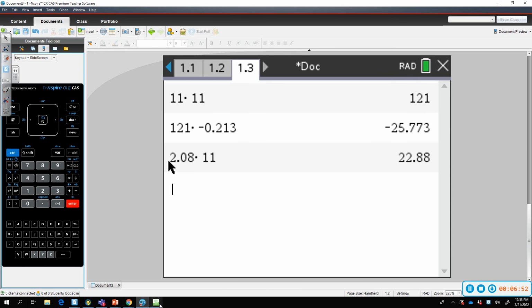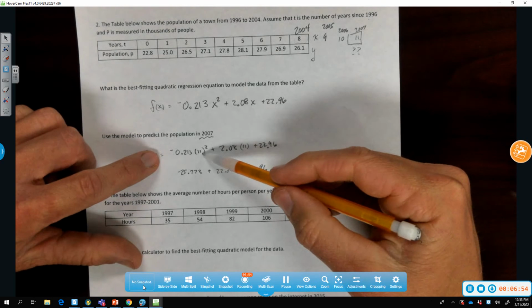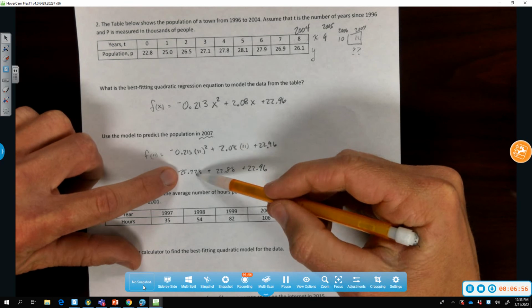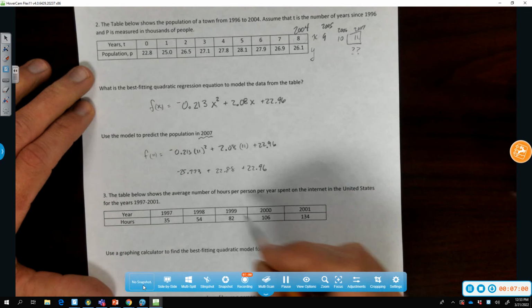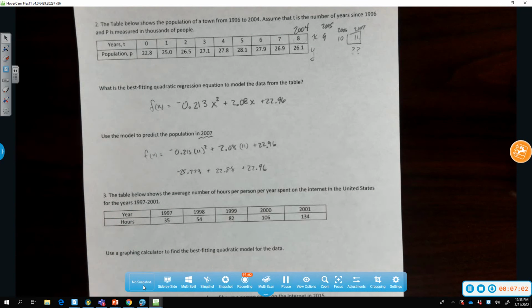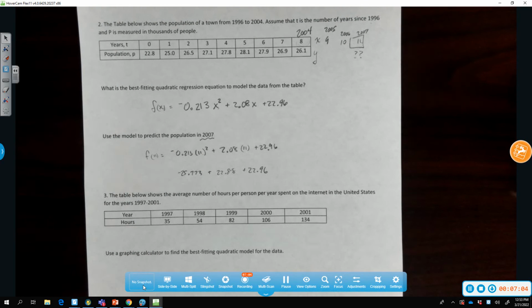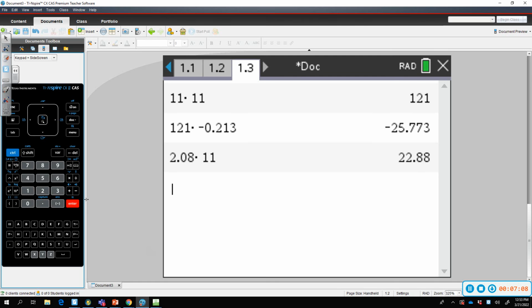So this is what I just did. I took 11, squared it, multiplied it by that, I got that. I got 2.08 times 11, I got that, plus 22.96. So now we can combine these, and then we're going to subtract this piece. So this is positive 22.88 plus 22.96.